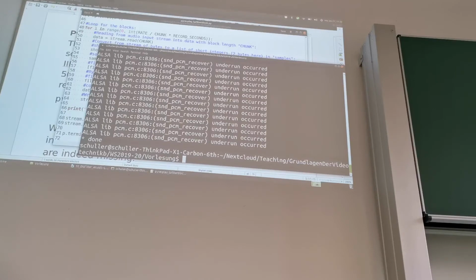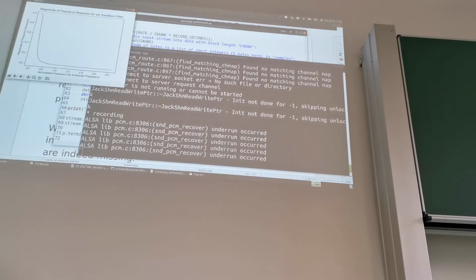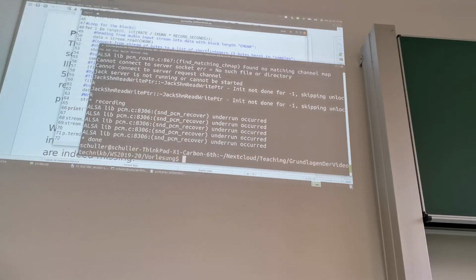Bluetooth mode. Okay. So let's try again. Test. Okay. 1 minute to go up.